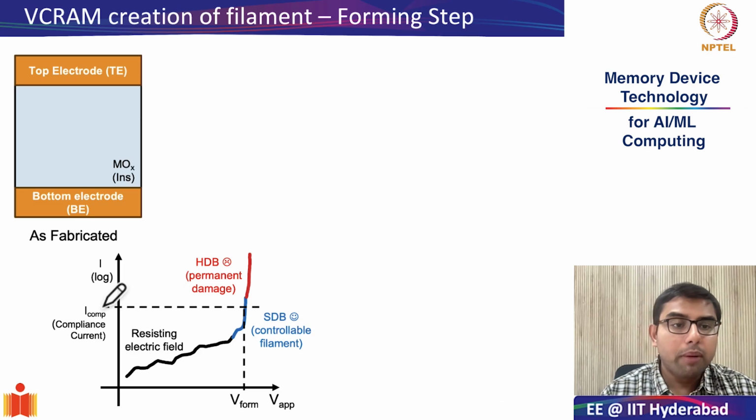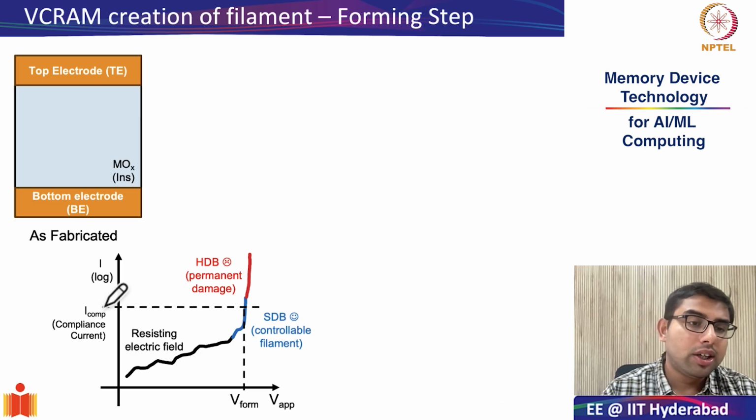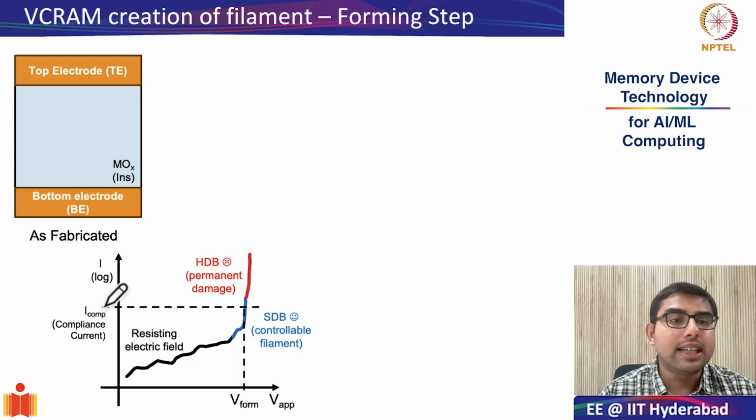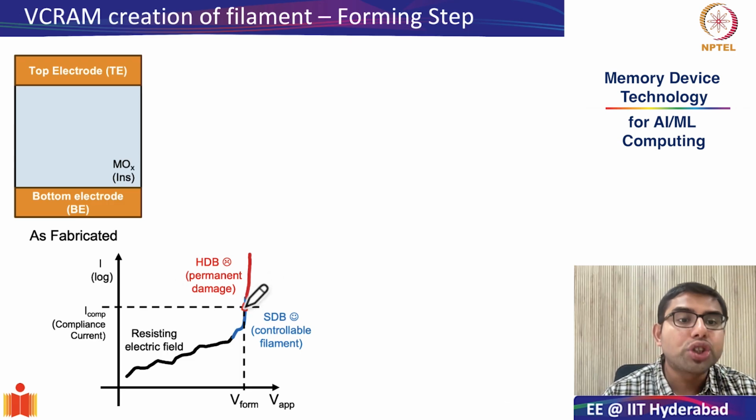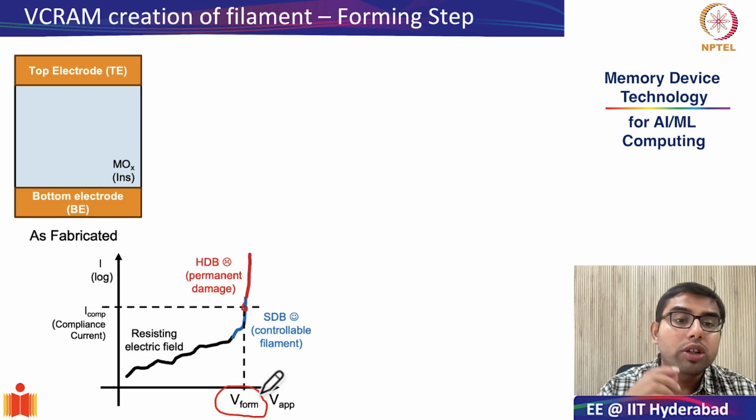This is done by imposing something called the compliance current. What the compliance current does is, the moment the current hits a set value, it stops the applied bias at the V forming voltage, the voltage where you reach the particular compliance current.